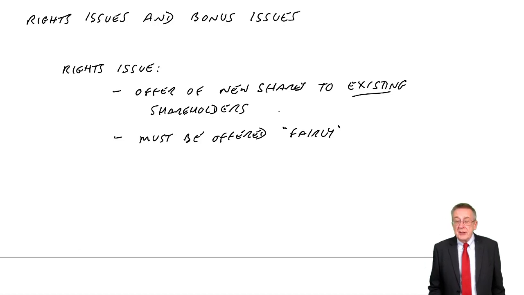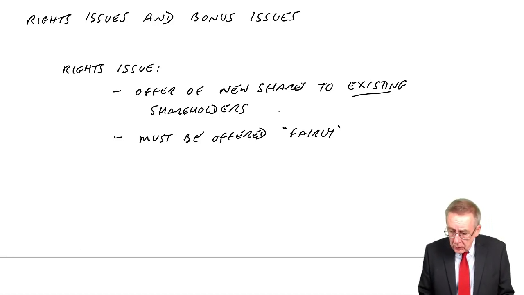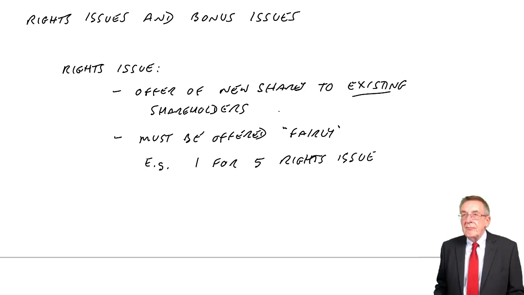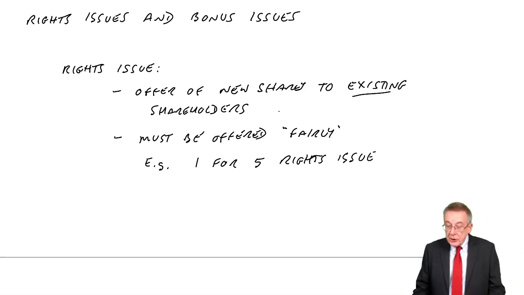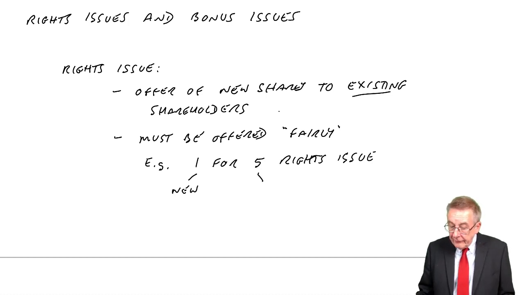All shareholders have to be offered new shares. And when I say fairly, it's always expressed something like this, for example, a 1-for-5 rights issue. That means you'll be offered one new share for every 5 existing shares.